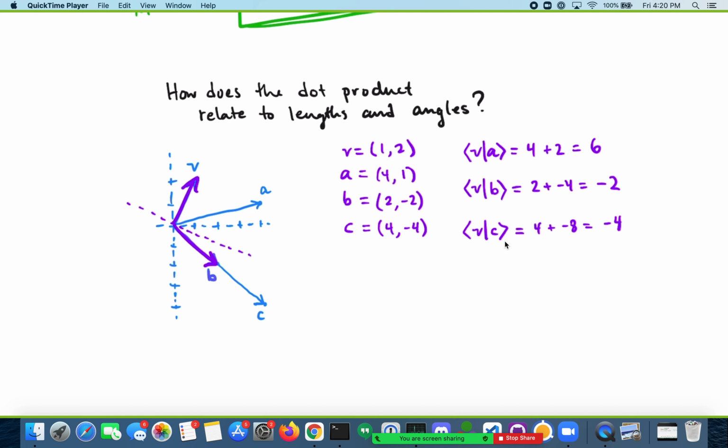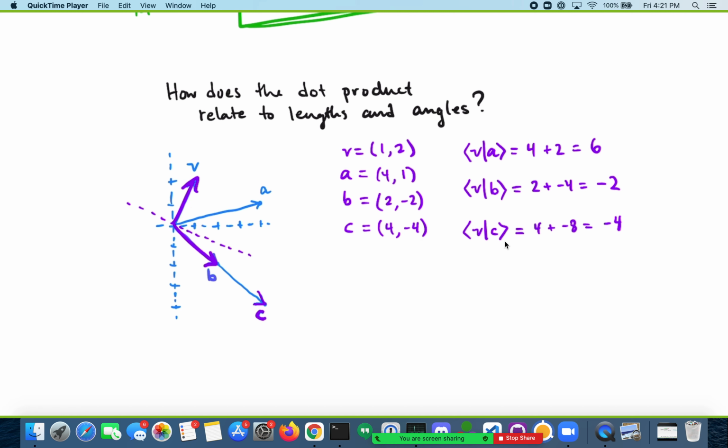And so V and B are pointing away from each other, so we get a negative number. Now C is twice as long as B, and so we get twice that negative number. And again, you can see that C is pointing more this way than that way.